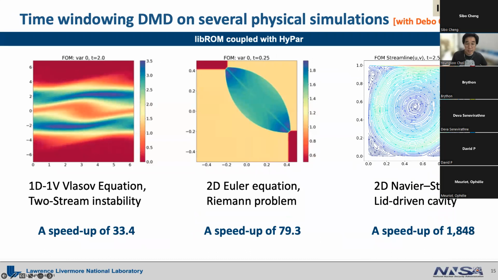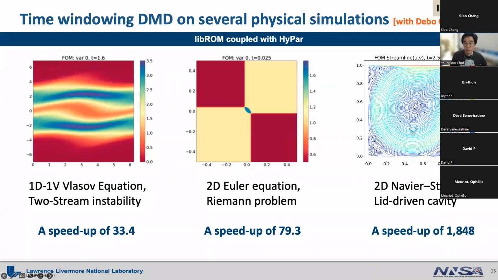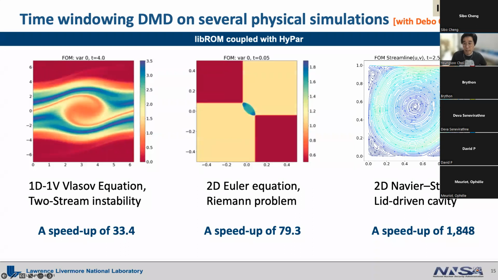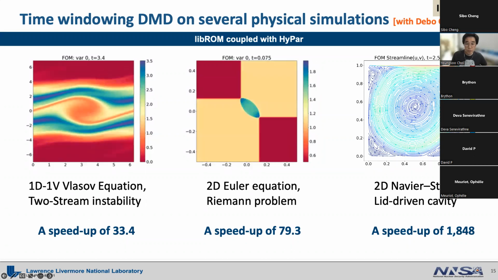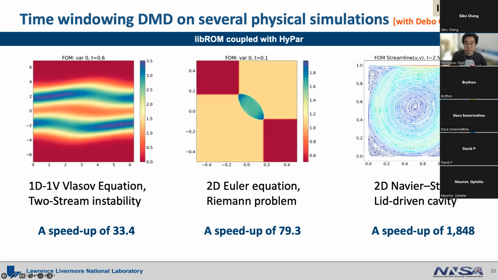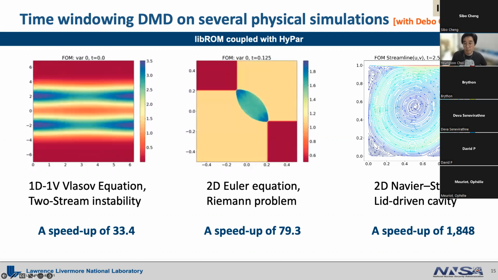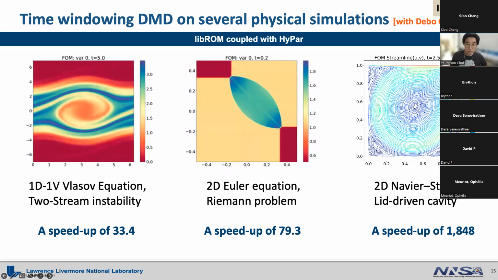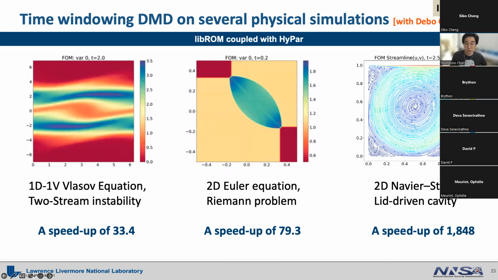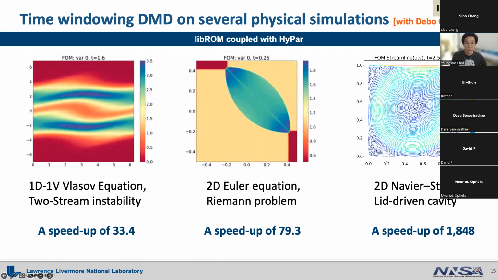Finally, DMD has been successfully applied to other interesting physics, such as the 1D-1V Vlasov plasma physics problem for two-stream instability, the 2D Euler equation for the Riemann problem, and the 2D Navier-Stokes equation for the lid-driven cavity problem. For all of these problems, DMD was able to generate not only good accuracy solutions, but also considerable speed up, such as 33.4, 79.3, and around 2000.